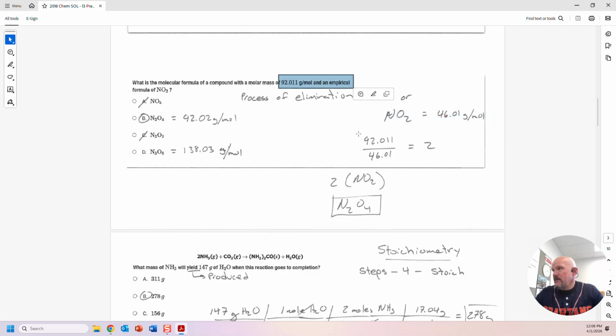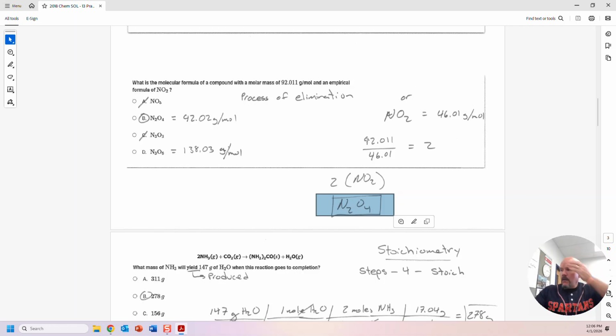So then what you do is the molar mass of the compound divided by the molar mass of the empirical formula, so 92 divided by 46, that comes out to be 2. And all you have to do is double the empirical formula to get the molecular formula. So if this came out to be 3, we would multiply these subscripts by 3. If this came out to be 4, we would multiply by 4. It came out to be 2, so we double our subscripts and we get the correct formula. Okay?